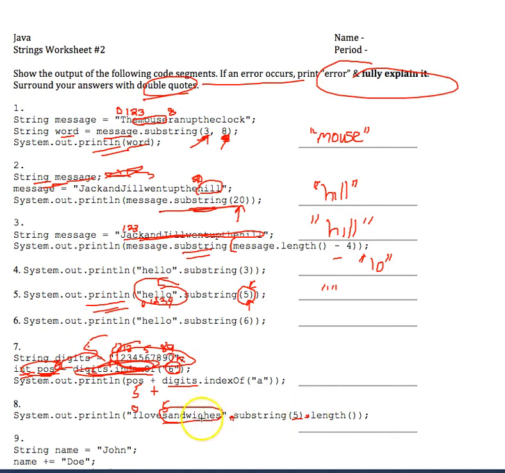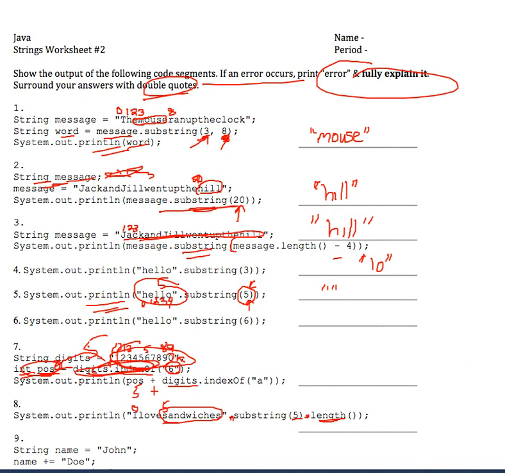We now have to find the length of sandwiches. Well, count up the number of characters in sandwiches. Start counting the S at 1. Whatever that comes out to, that answer should not be surrounded in double quotes because it simplifies to an int. The length method returns an int. I'll leave it up to you to count the number of letters in sandwiches as your answer to number 8.